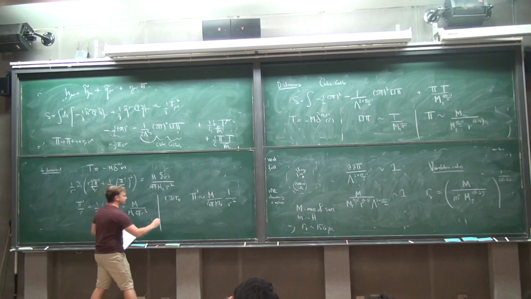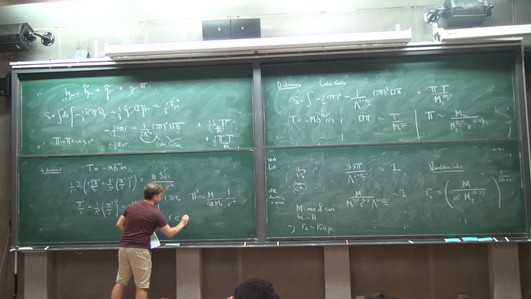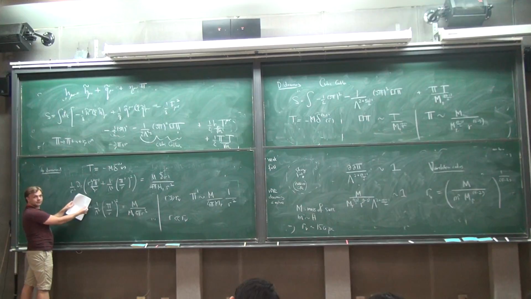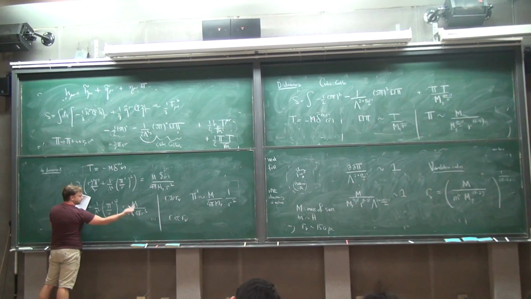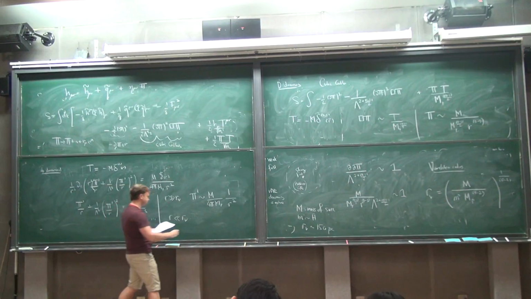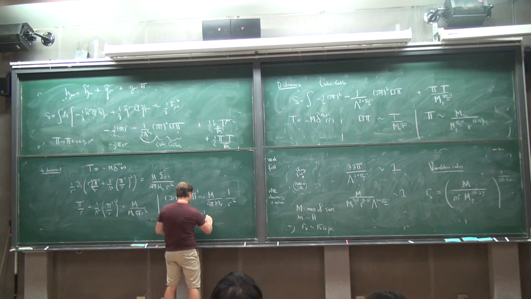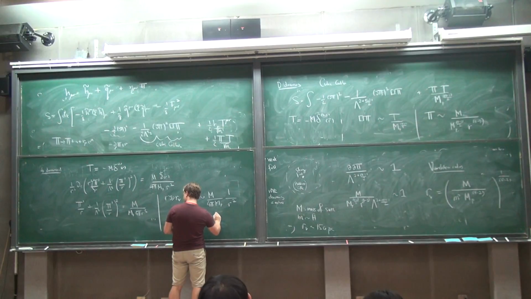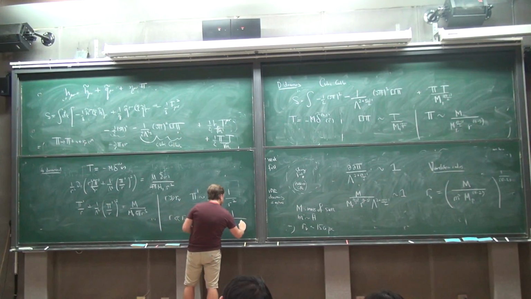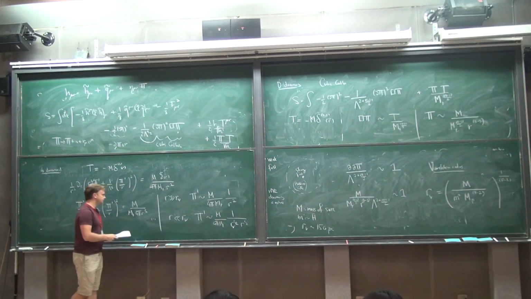But if you look in the region where r is much less than r Vainshtein, then in that region you can just take this part of the equation, and taking the square root, pi prime goes like m over 4 pi m Planck, times 1 over the square root of r, times r Vainshtein to the 3 over 2.